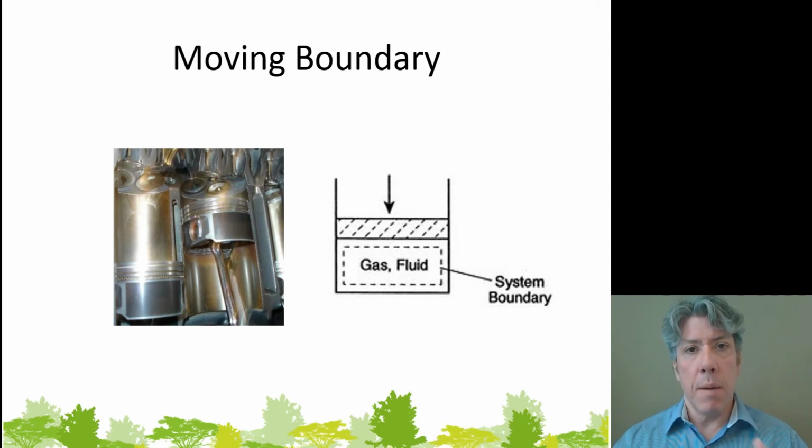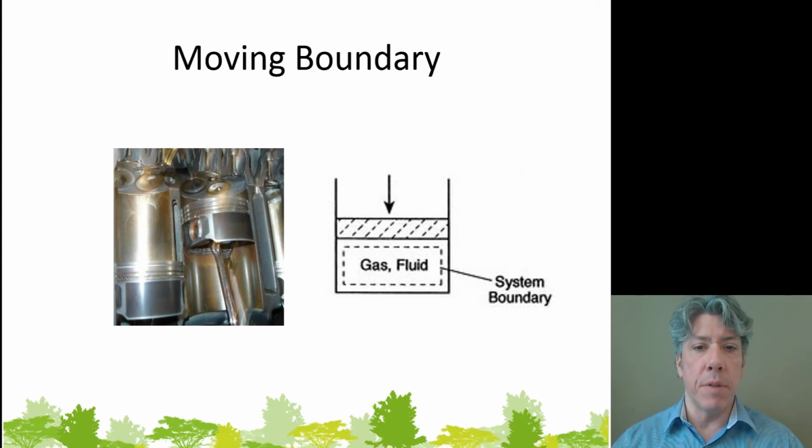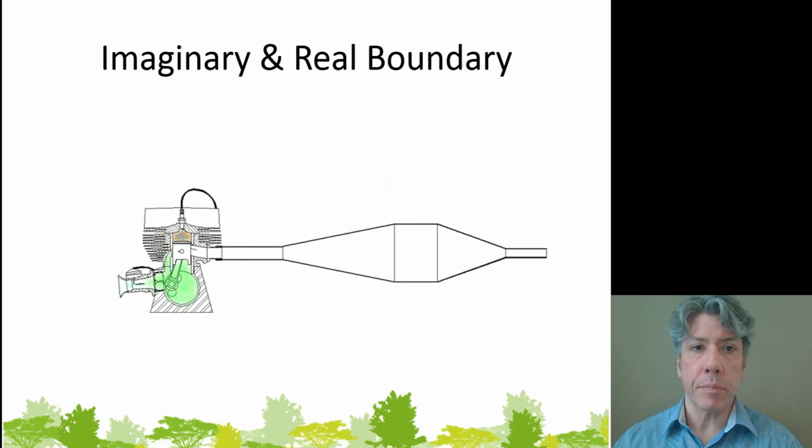So the system boundary then would include all of the fluid, the gases inside of the cylinder above the piston. In the schematic off to the right you can see pretty clearly that as the piston moves down, which is that cross-hatched thing, one boundary of the system is a moving boundary, whereas the others are fixed.